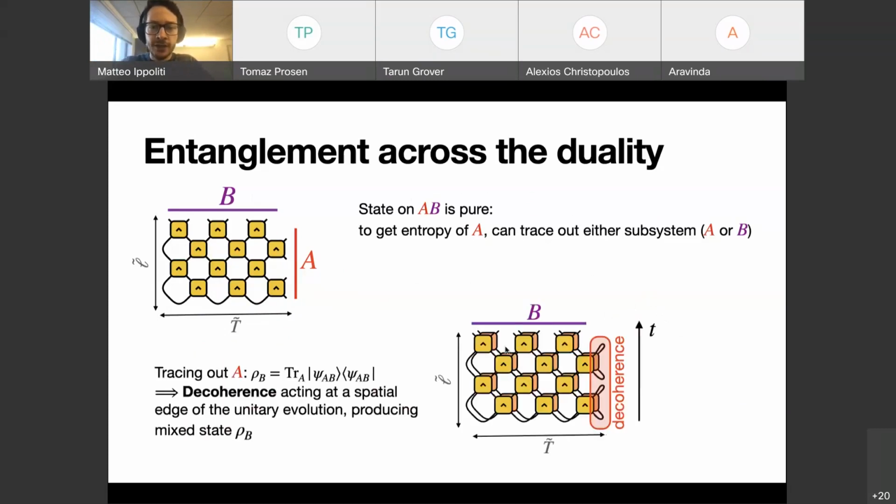And doing that amounts to taking the ket and bra product of this state, which amounts to these two layers. Top layer, that's the ket, if you will, and the bottom layer, that's the bra. And then we have to partially trace out subregion A, which means that the legs that are coming out here have to be connected together in this way.